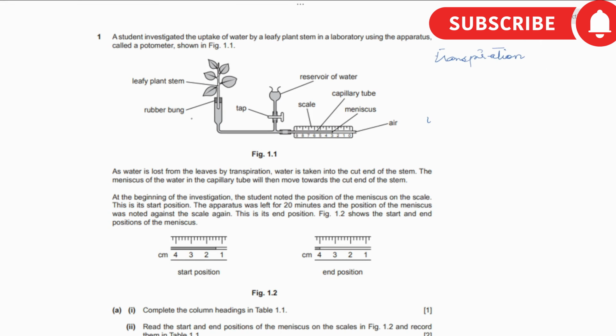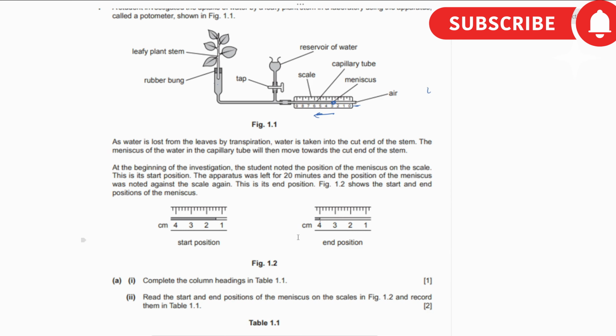The plant is kept in the water, and later on we'll check the speed of transpiration, or the speed of water evaporation, by the bubble. So we have to create a bubble over here, and when this bubble moves, it would show the rate of transpiration. Now if you look over here, they have mentioned air. That is basically the air bubble, and the starting position is this one, and the ending position is this one.